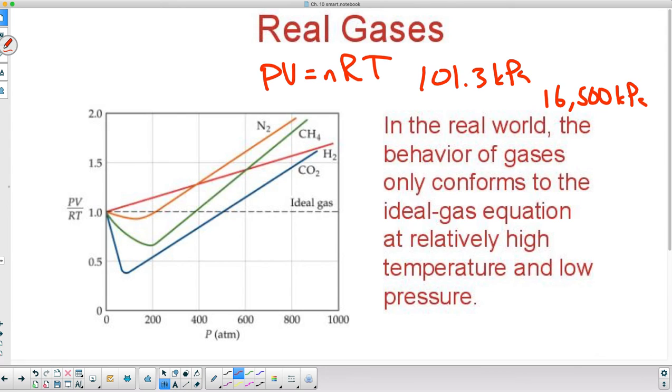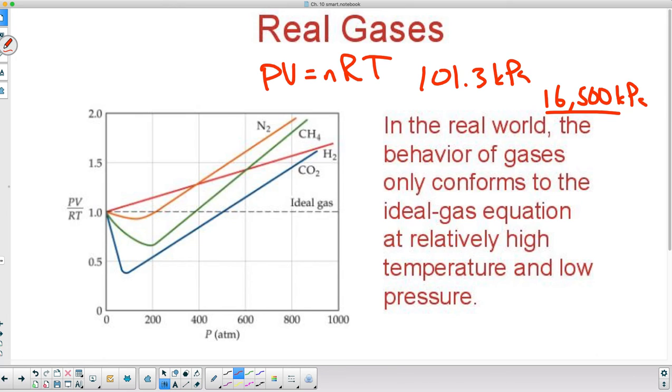Like this is the pressure that we have. When we get pressure that high, 16,500 kPa, then we may be moving closer to non-ideal behavior. Excuse me.